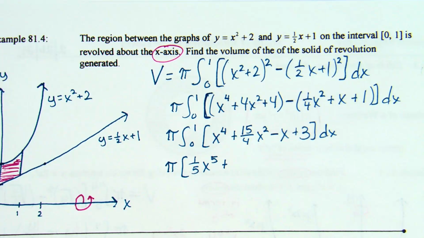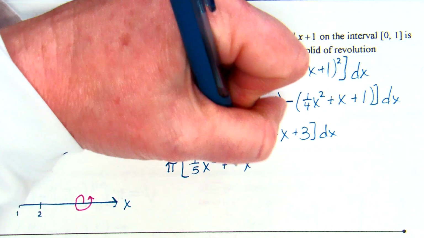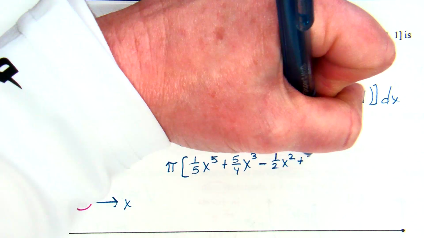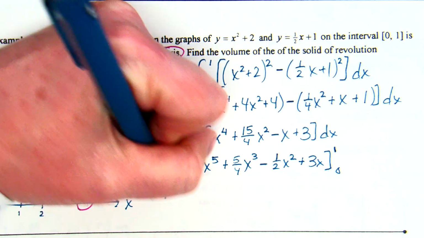If you want, 15 over 12 would reduce to 5/4 x to the third, minus the integral of x, one half x squared, plus the integral of 3, which is 3x. Evaluate between 0 and 1. Again, good news, 0 and 1. Let's just write dx after that instead of what it's from. Okay.